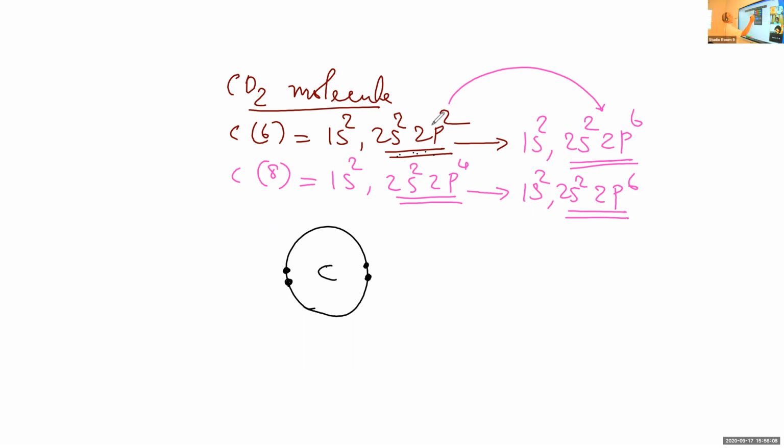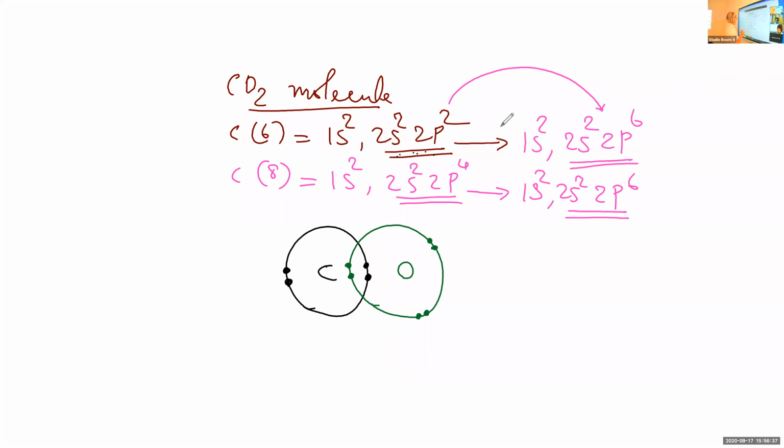So the overlapping of oxygen will be like this. There is an oxygen atom, and show the outermost shell. In the outermost shell of the oxygen atom there are 6 electrons. Out of this, 2 are used for double bond formation with carbon, and 2 electrons here, and 2 more electrons here.